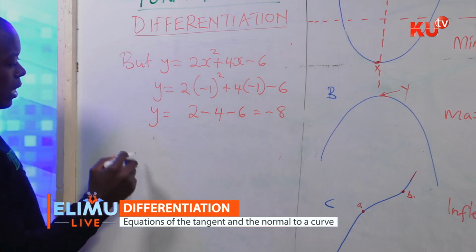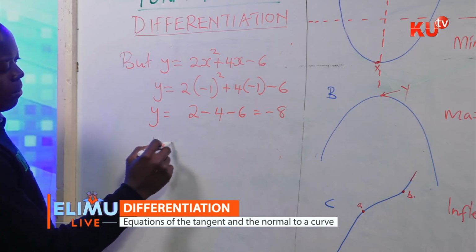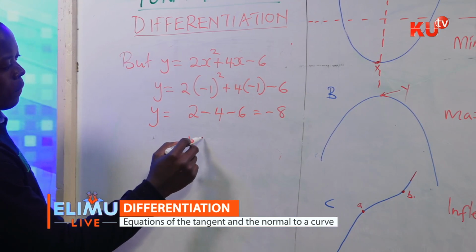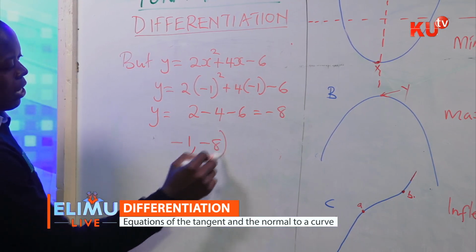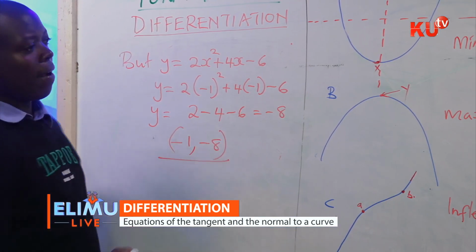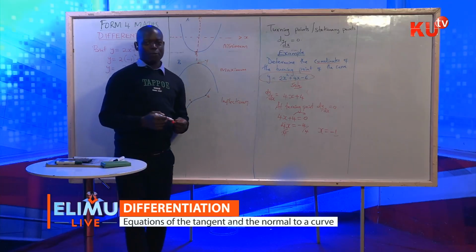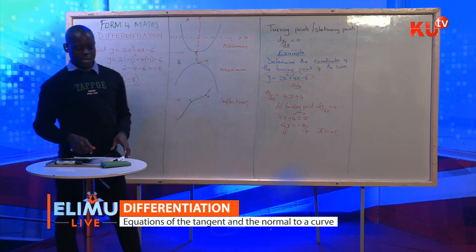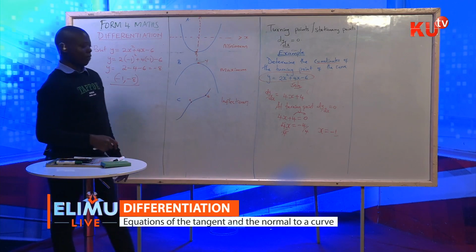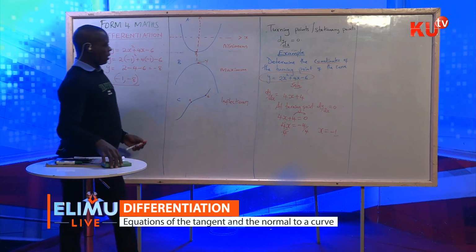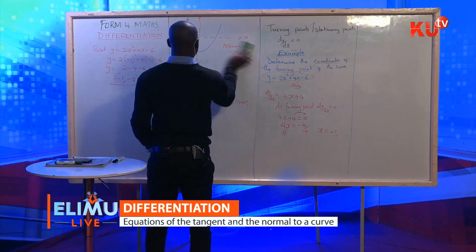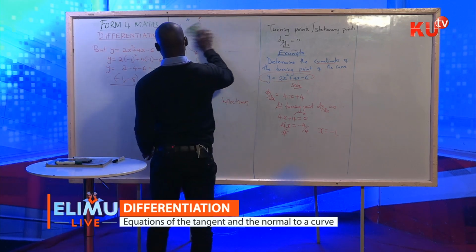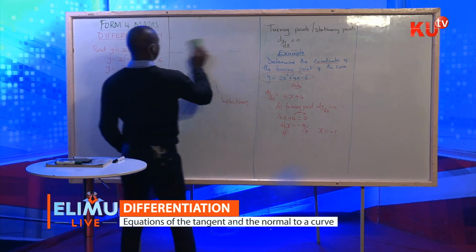Therefore, how do we write the coordinates? Our coordinates will be -1, -8. That is the turning point. Therefore, whenever you're given the turning points, that is how we work out the turning points of the curve. So let's get now one of the questions that was done in the previous exams.